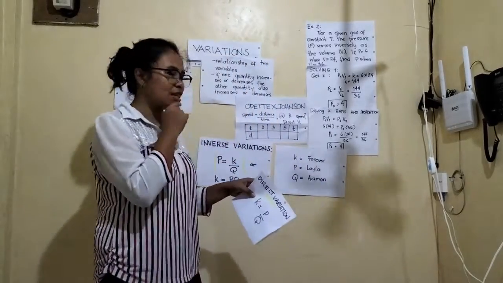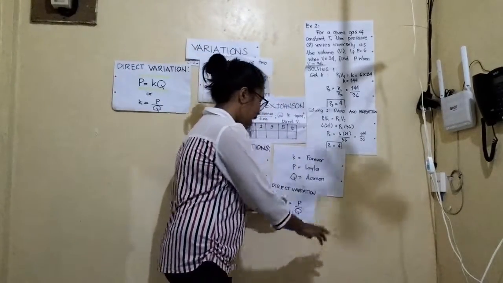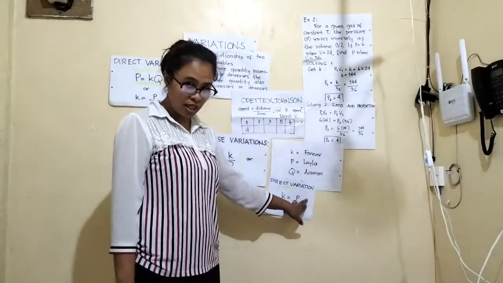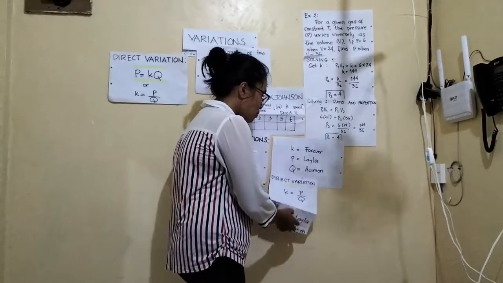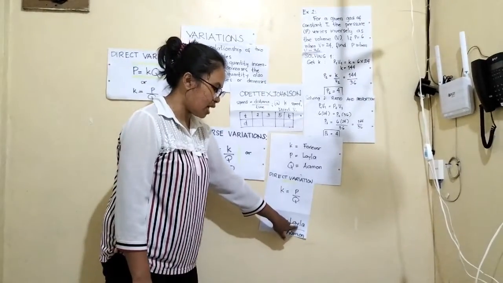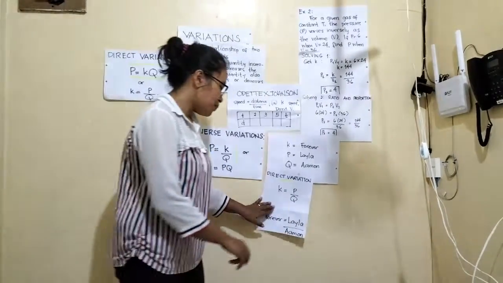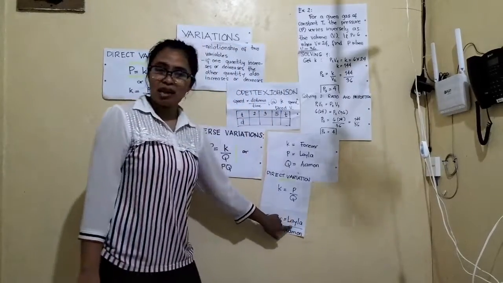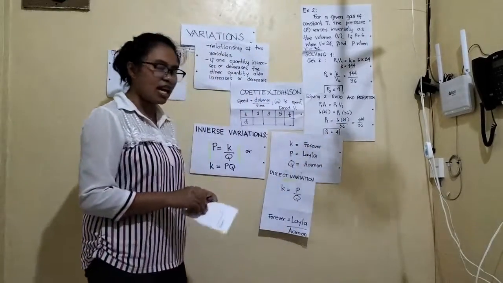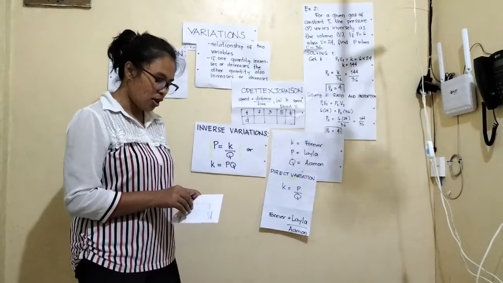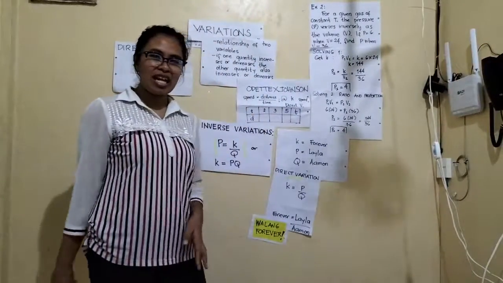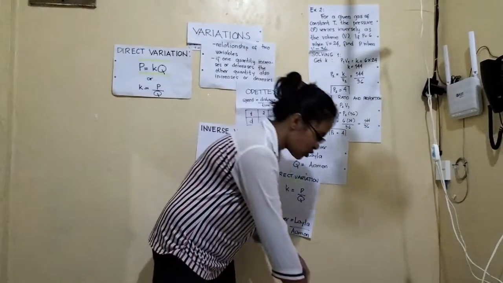So, in direct variation, the formula is K, which is constant, is equal to variable P divided by variable Q. So, what if K is equal to forever, which is equal to Layla over Amon, right? When we say divide, Layla and Amon are not together. So, we can say that Layla and Amon in direct variation have no forever between them.